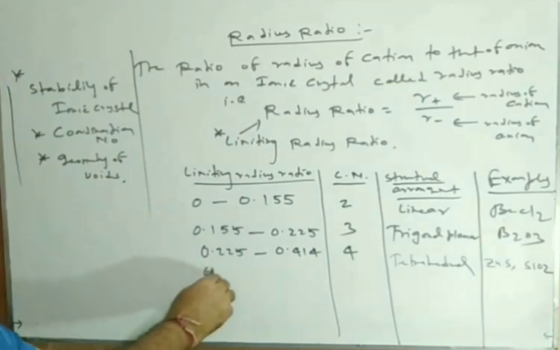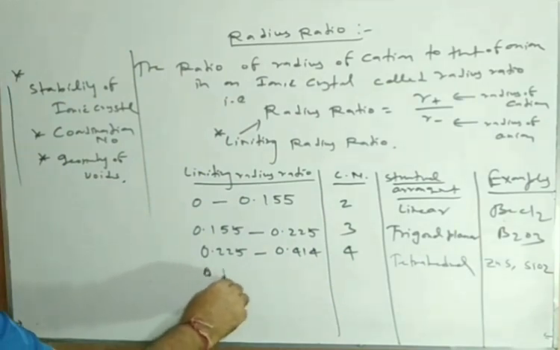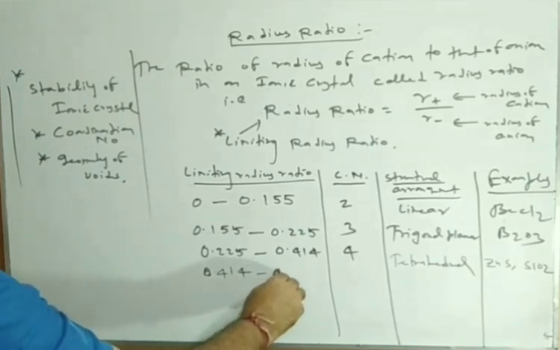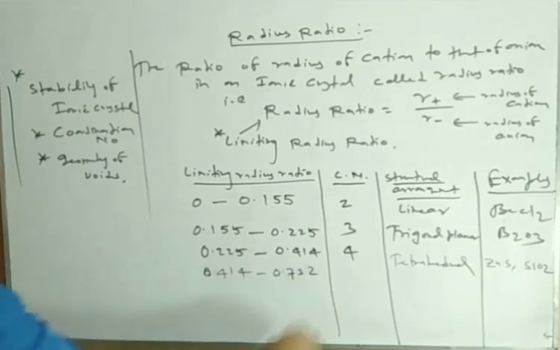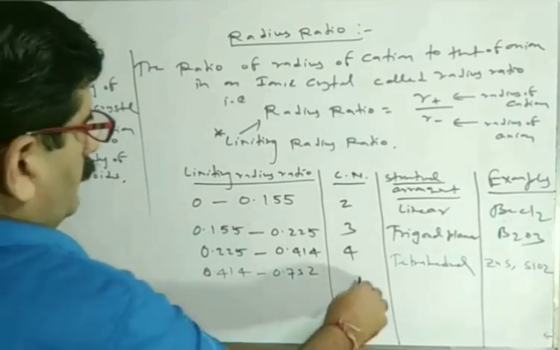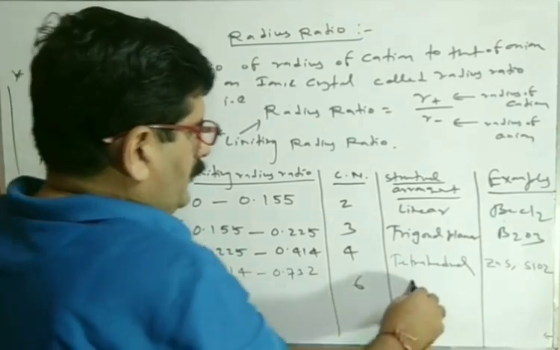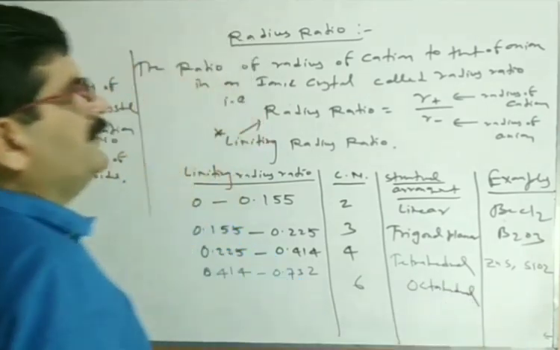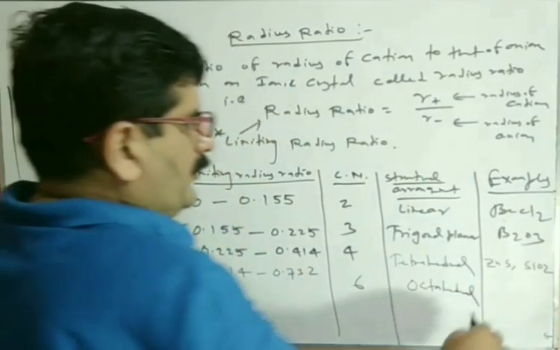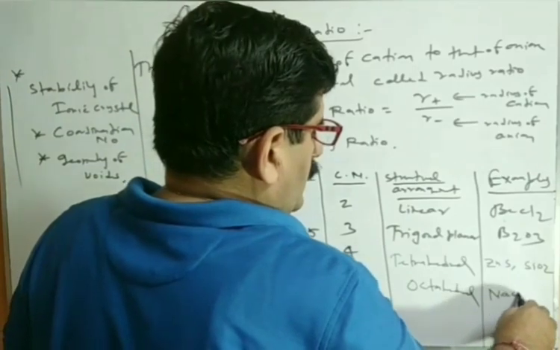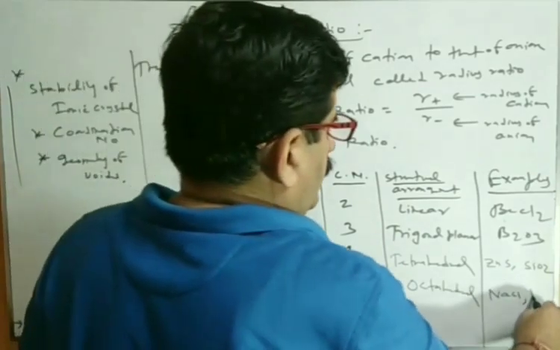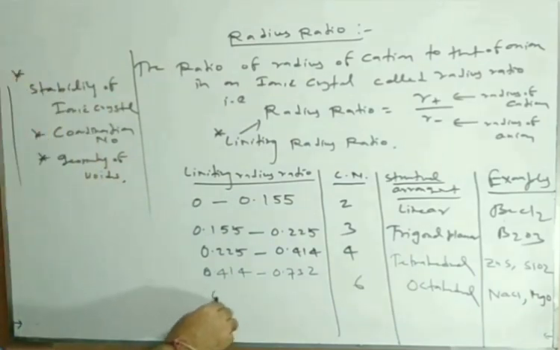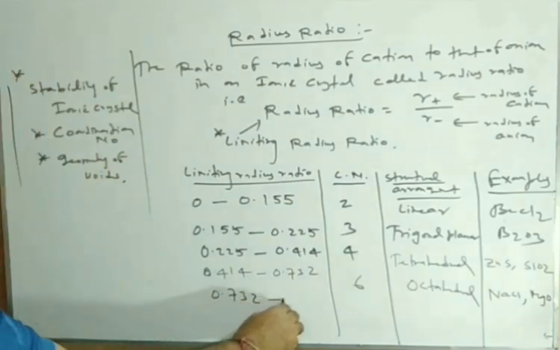Next one, 0.414 to 0.732. Coordination number 6, geometry, octahedral. Example becomes NaCl, or you can write MgO. The last range, 0.732 to 1.